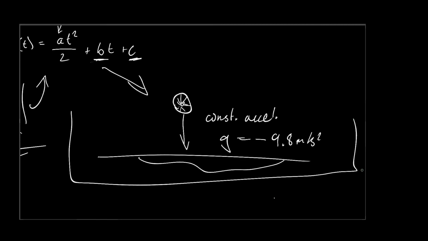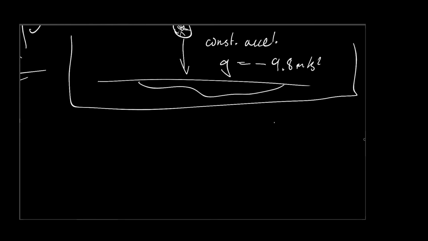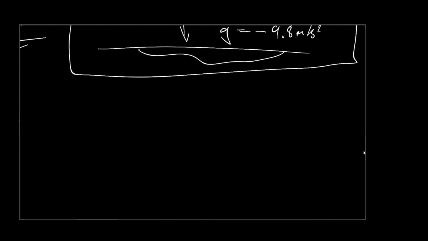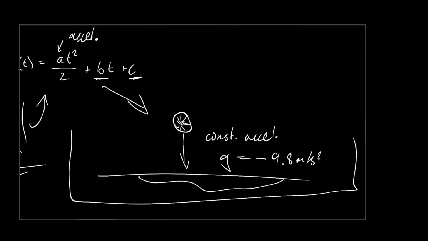Okay, now that we've established the connection between the physics and the math, we have to figure out what in the world b and c mean, right? So I'm going to use two different situations to explain the two of them.